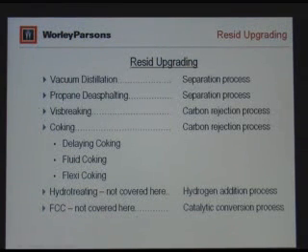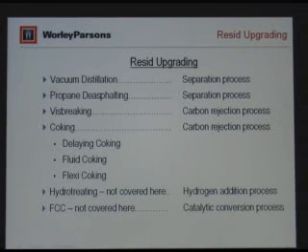Now, to try to categorize these different processes, vacuum distillation and propane deasphalting are basically separation processes. You're not actually reacting anything. You're simply doing physical separations, whether it's a distillation, solvent extraction, something of that form.